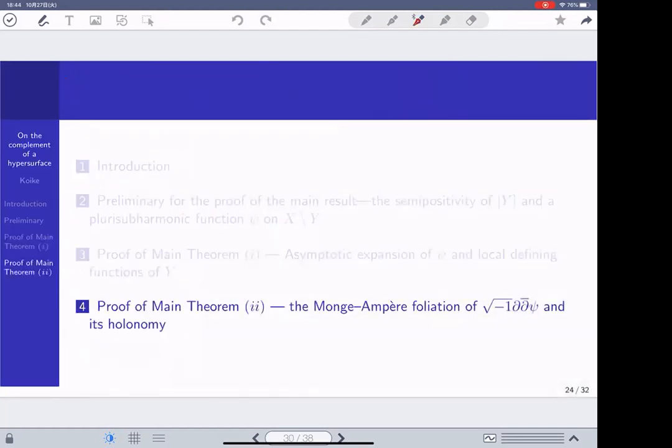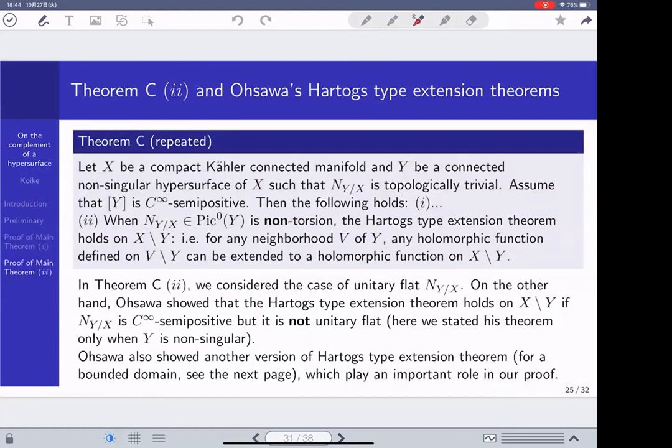Okay, so this is the outline of the proof of the key proposition, and as I explained, from the key proposition and Neumann's theorem, Theorem C, assertion 1 follows. So the next thing to do is to show assertion 2 of Theorem C.